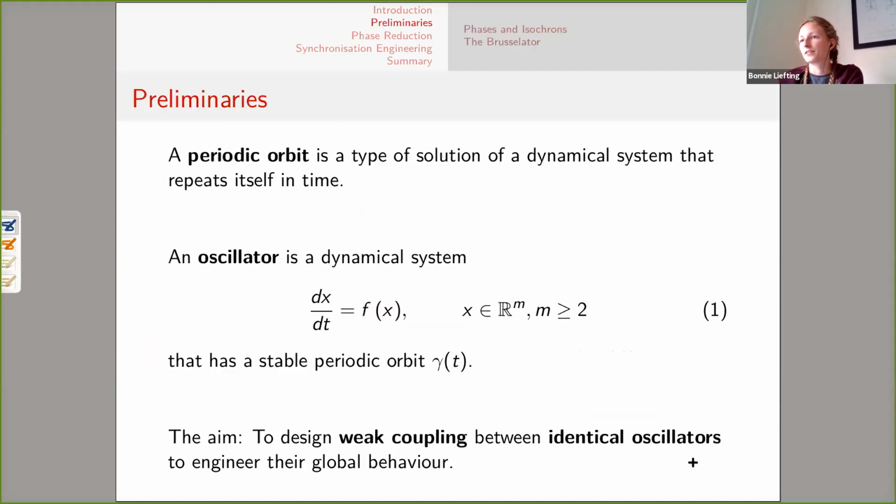Yeah, so some preliminaries. A periodic orbit is a type of solution that keeps repeating itself in time. And then an oscillator is a dynamical system that has a stable such periodic orbit. And the aim that we have is to design some weak coupling between identical oscillators such that we can engineer their global behavior.